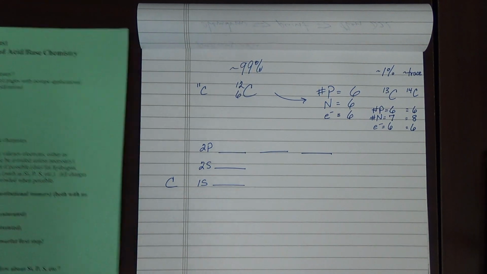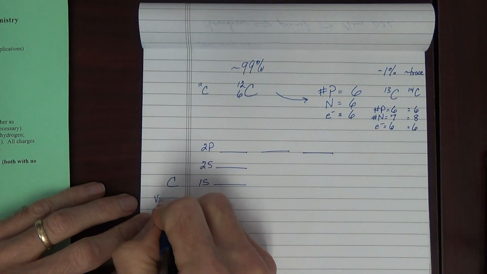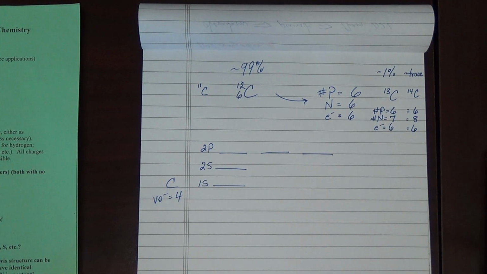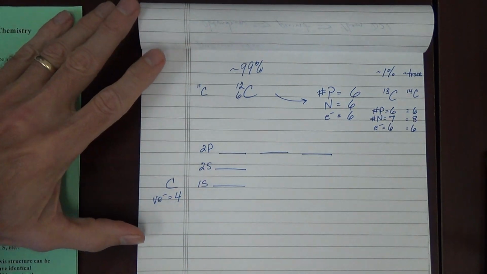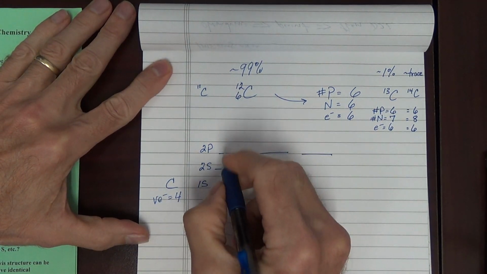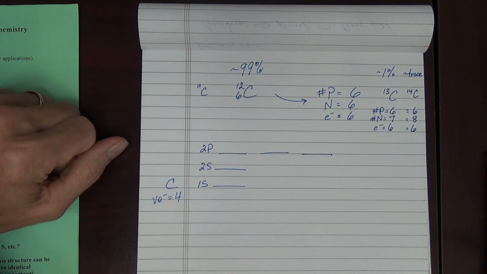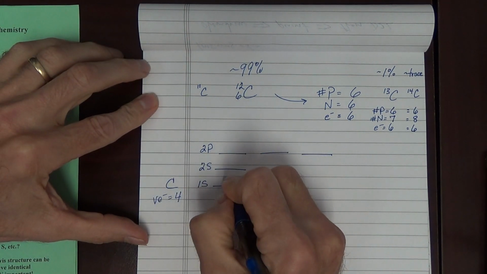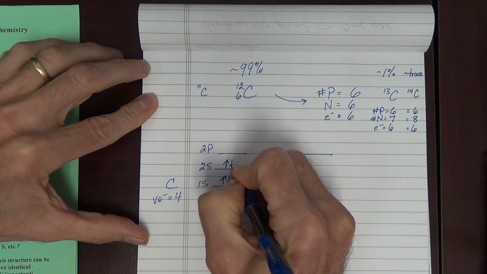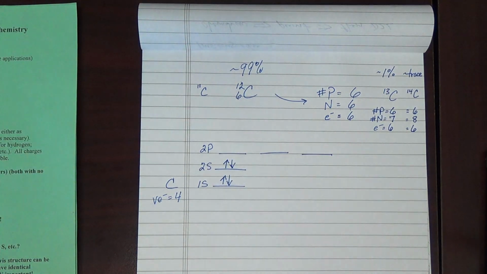Now valence electrons. How many valence electrons does carbon have? Well, 4. And you see that from the periodic table. Carbon is in group 4, indicative of valence electrons. We can put our electrons in using our standard principles: Aufbau principle, Pauli exclusion principle, Hund's rule: 1 electron, 2 electrons, 3 electrons, 4 electrons.